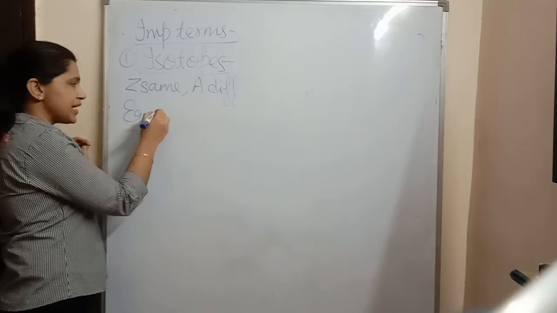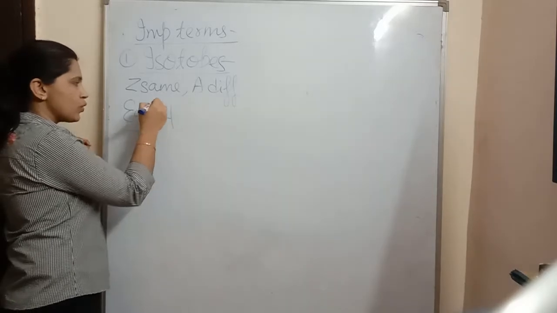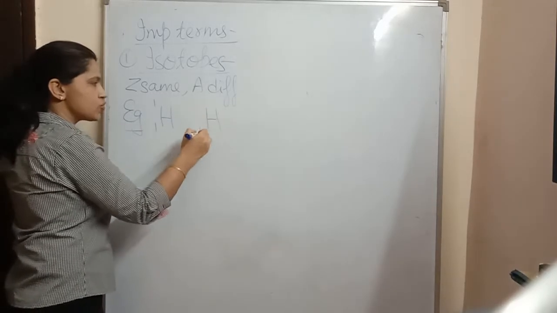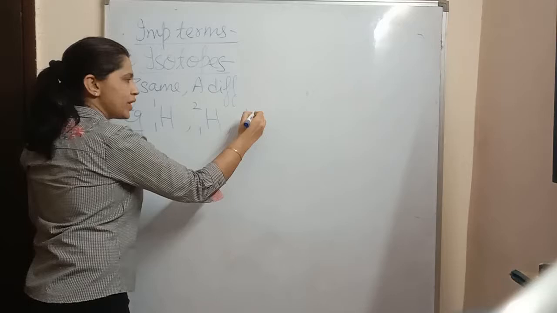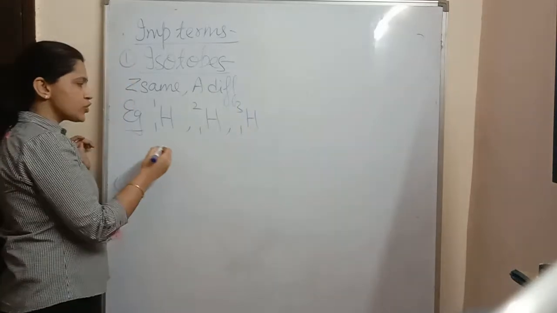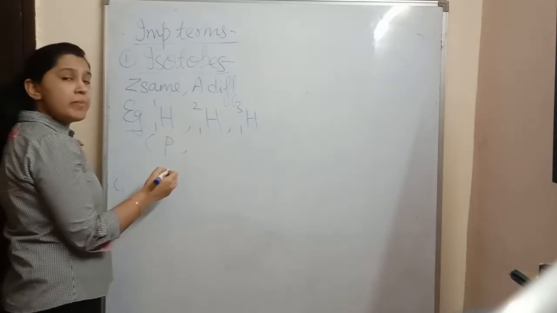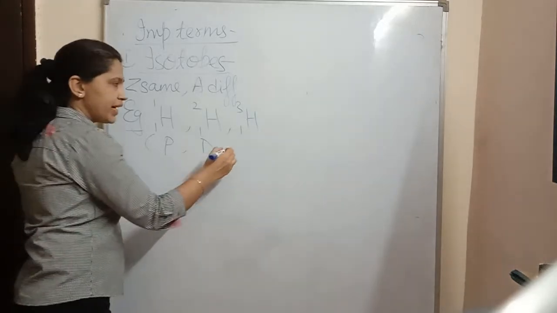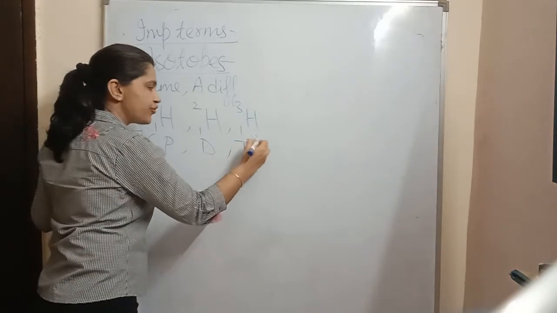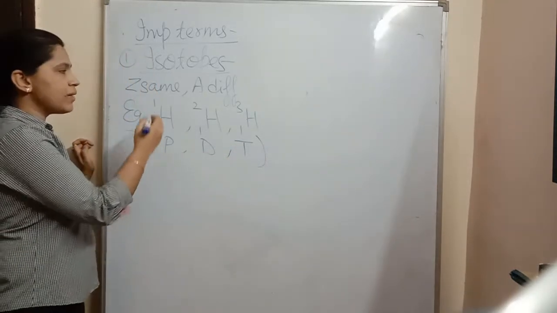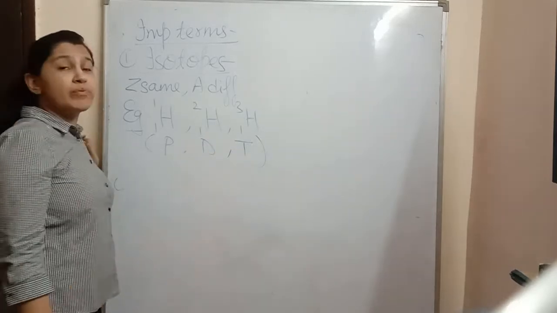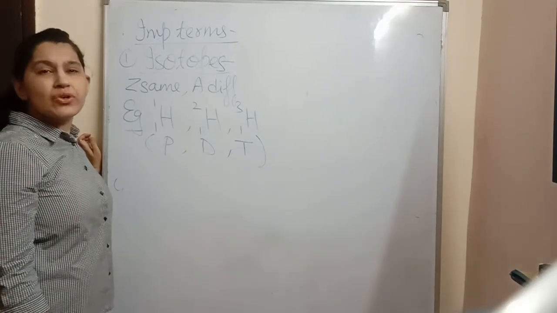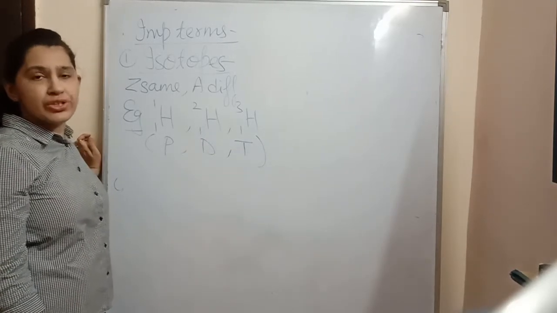Any example? Yes. H11, H12 and H13. We can also call them protium, deuterium and tritium. D for deuterium, and T for tritium. This deuterium is also called heavy hydrogen.